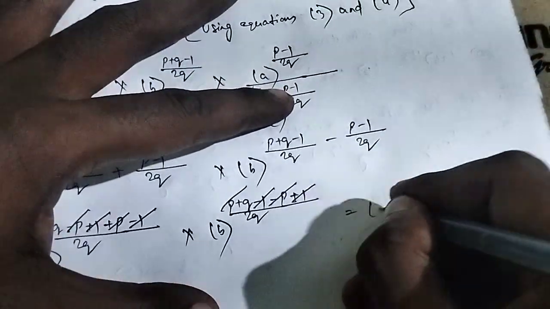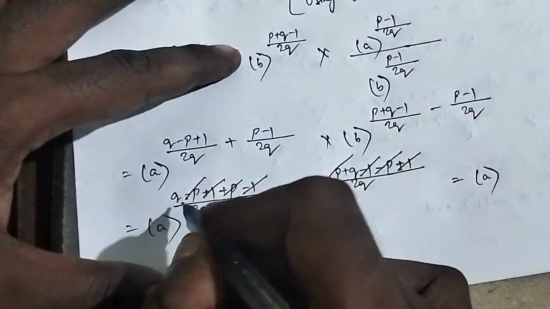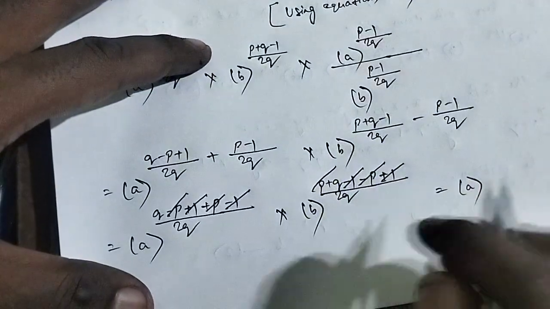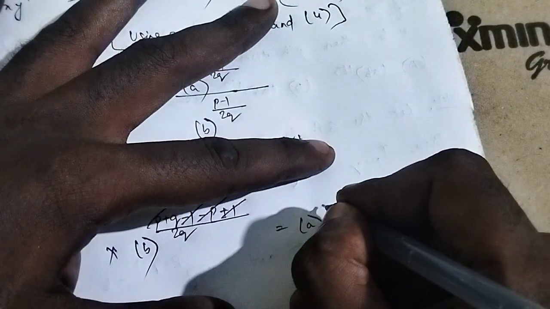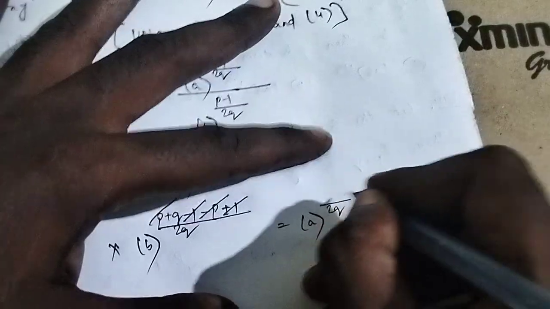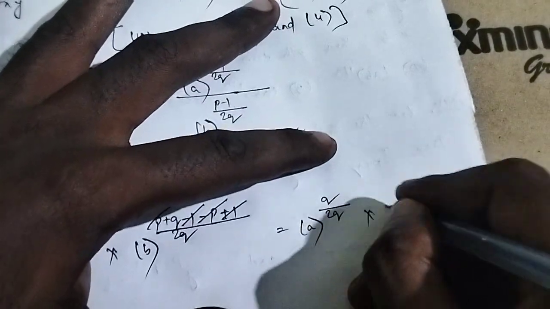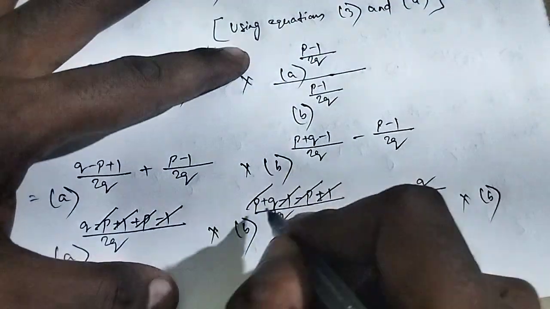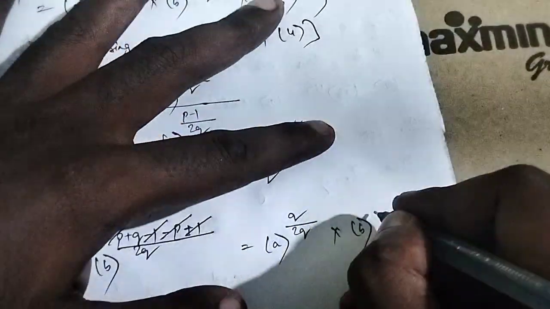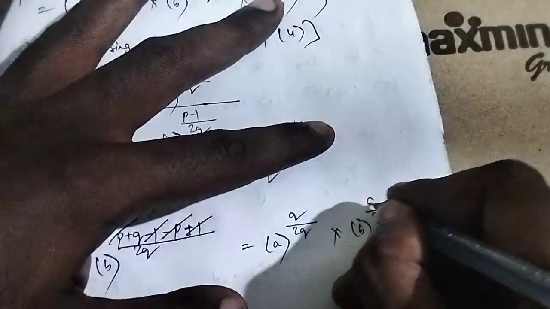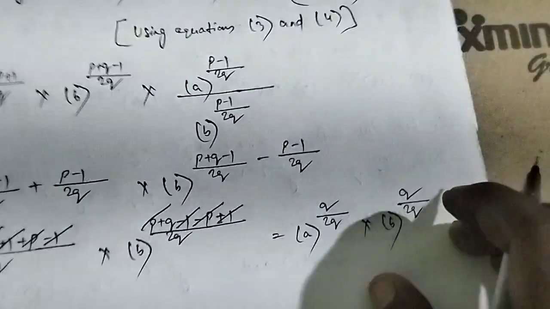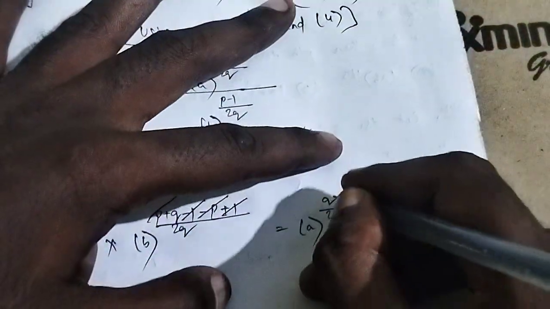So it would be A to the power q by 2q into B also to the power q by 2q. Okay, so q will cancel each other.